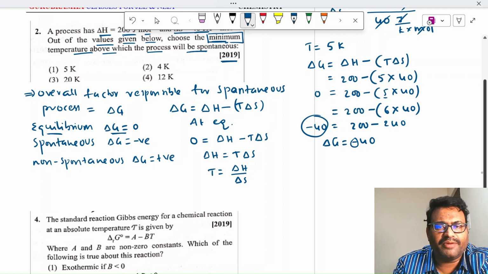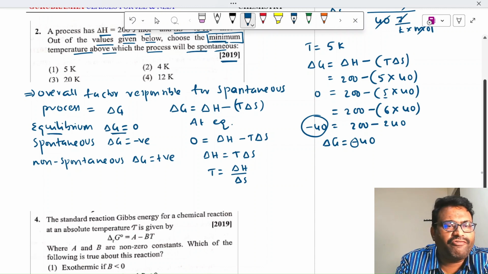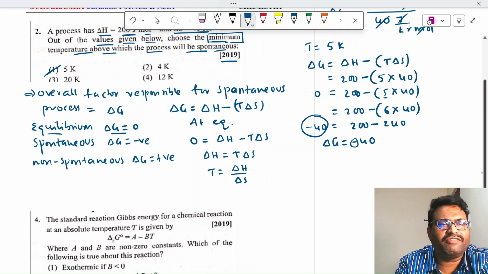If you increase more than 5 Kelvin, what happens? The reaction becomes spontaneous, because delta G becomes negative. We have studied that if delta G becomes negative, the process becomes spontaneous. So above 5 Kelvin, that is the minimum, least temperature above which the process becomes spontaneous.